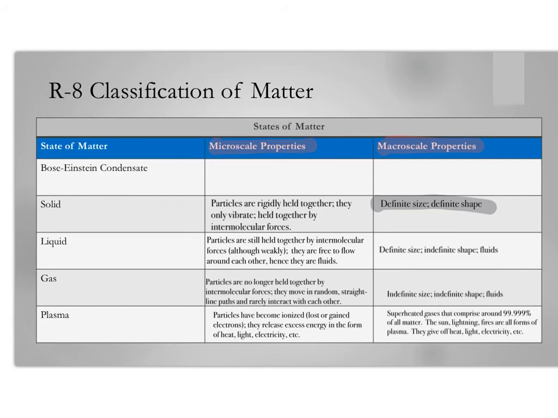And the macro scale way of recognizing this thing as a plasma is that it's giving off light. It is giving off heat. It's giving off electricity and other forms of energy. What happens is that at the microscale level, the particles of what were a gas become ionized. The particles break apart.